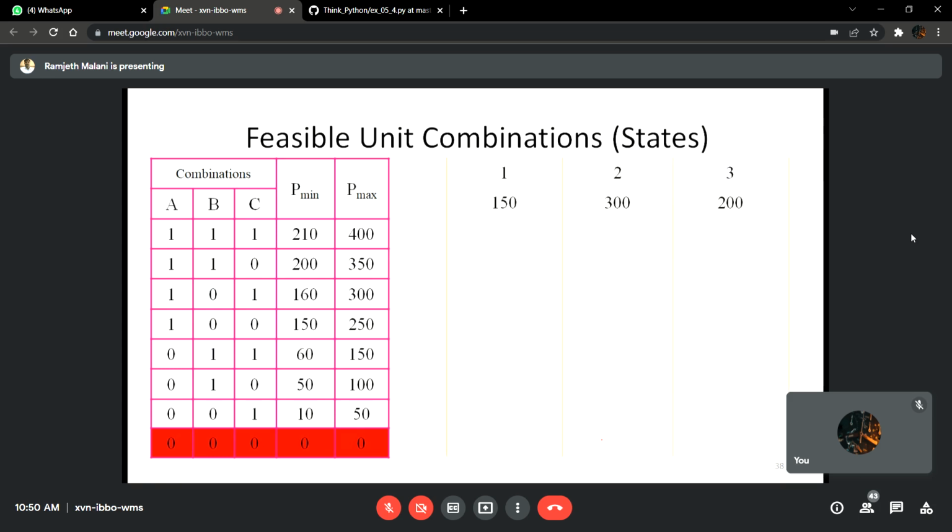Now we have several combinations. 111 means all the generators are committed. 110 represents generator 1 and 2 are committed, 3 is decommitted.